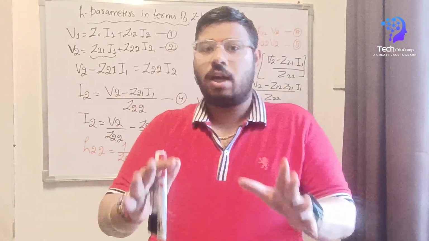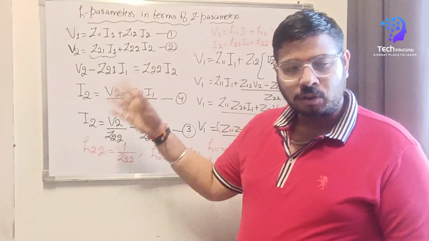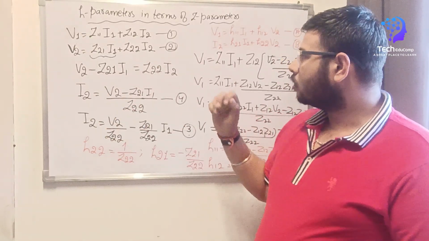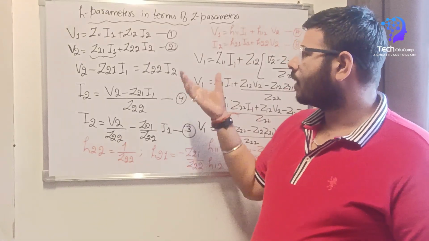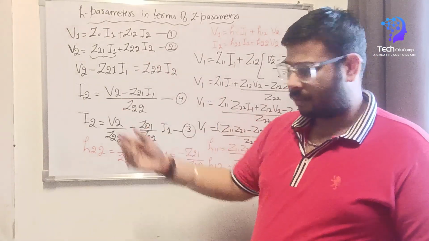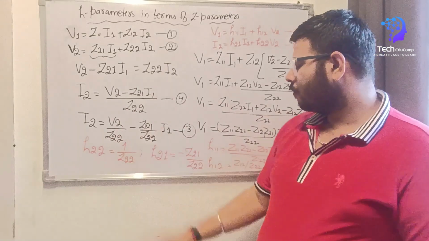I hope you understood this much, that we have just simplified using the summation part, so that we can write in terms of other parameters. Like here we have done in terms of I2, then we have simplified.